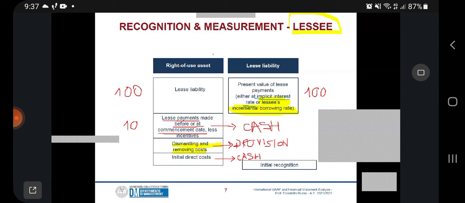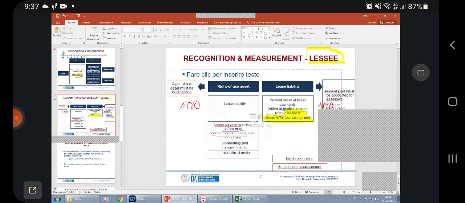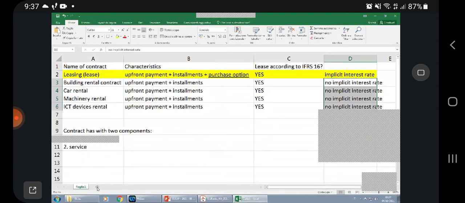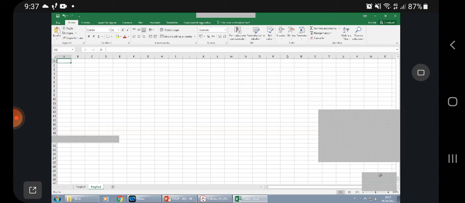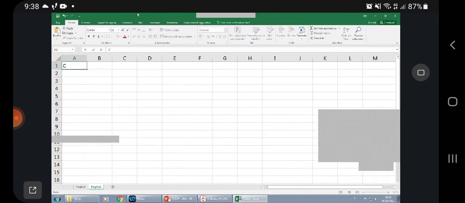I think that we can make immediately an example. Suppose so that there is company A that enters into a contract to rent a building.